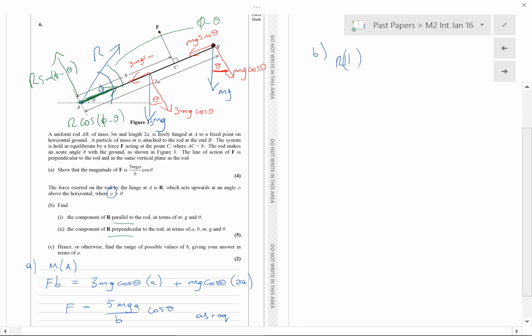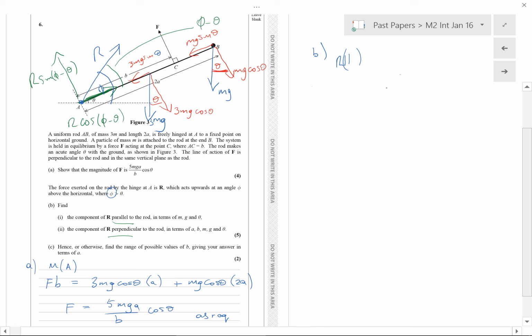We have mg sine theta, the component I drew earlier on, plus 3mg sine theta is equal to the parallel component, R cos (phi minus theta).